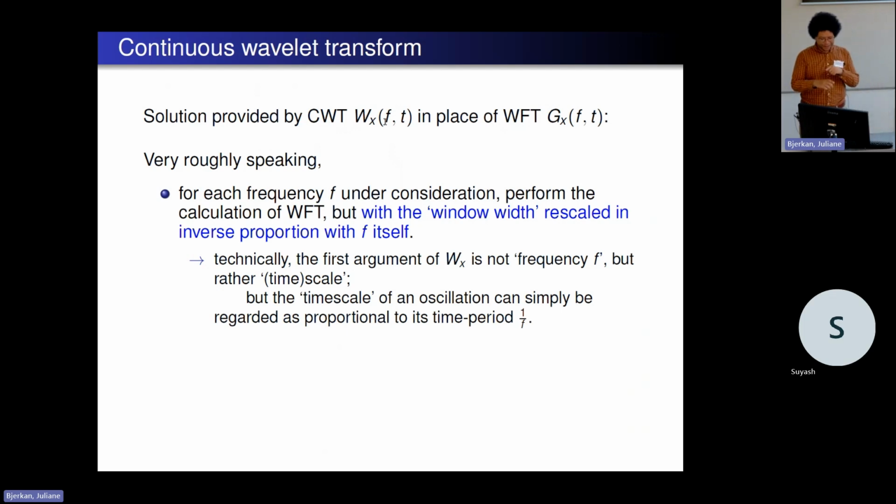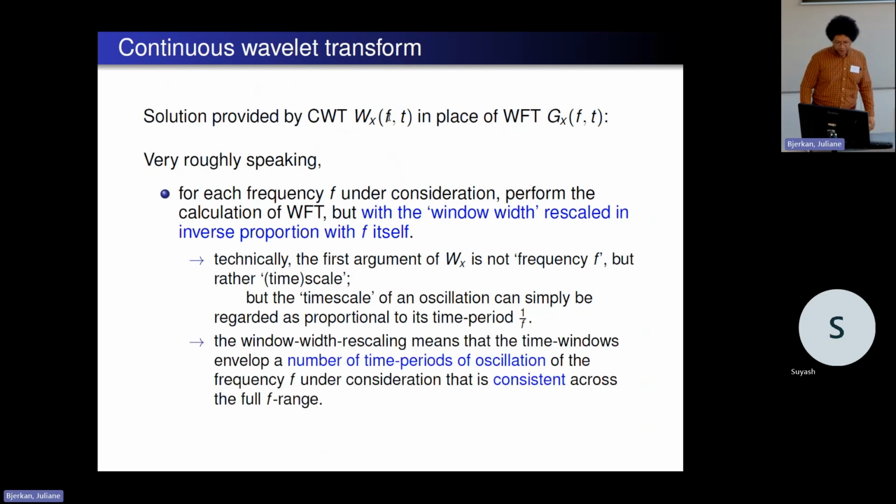But the time scale of an oscillation can simply be regarded as proportional to its time period, which is 1 over the frequency. So I'm just using frequency as the input rather than time scale. They're just inversely related. The key point is this window width rescaling means that the time windows envelop a consistent number of time periods of oscillation across the different possible frequencies that you can be looking at.